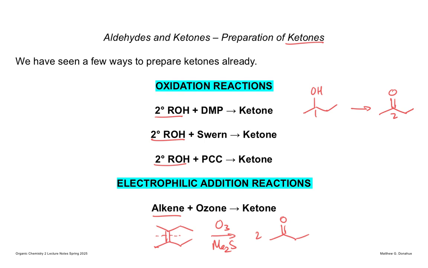So those become your 2 alpha carbons to make the ketone. So really the same reagent conditions, but the nature of your starting alcohol determines whether it's an aldehyde or ketone you end up with.